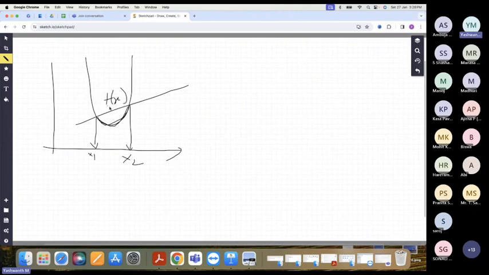This part is f of x, and this is a straight line. This should be satisfied for all x1, x2, wherever this function is defined.